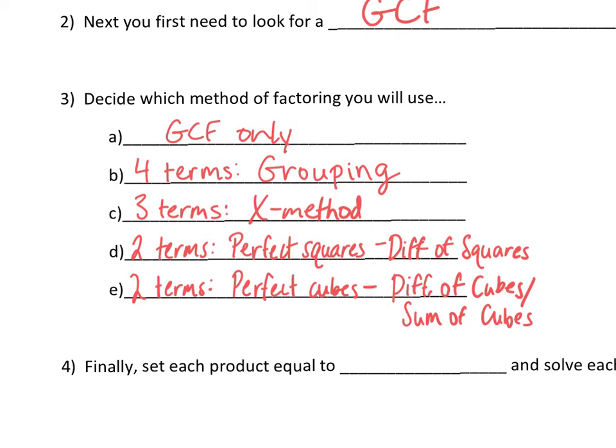But last but not least, when we have something in factored form set equal to 0, we break it apart and we set each product equal to 0. And we solve to get multiple answers, right? So that's what we're doing today, okay? Get it all to one side with 0 on the side by itself, okay? Factor, and then set your factors equal to 0. That's it.